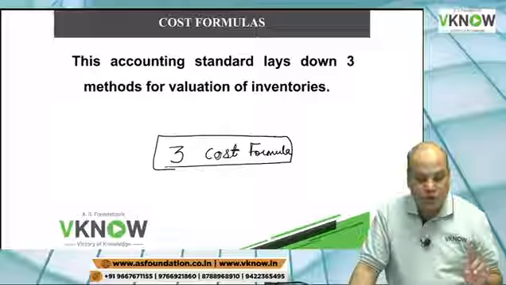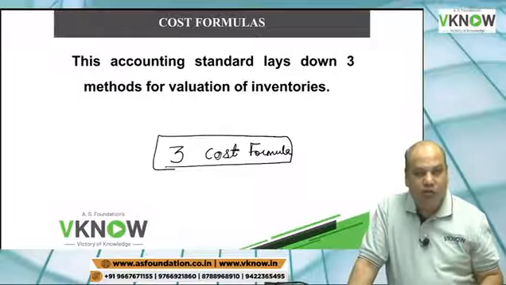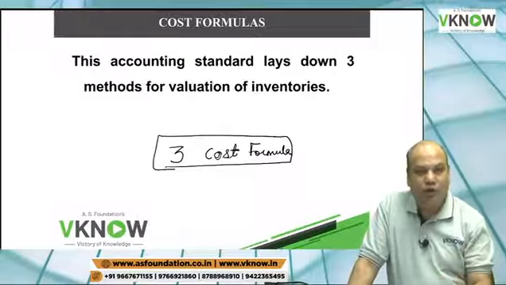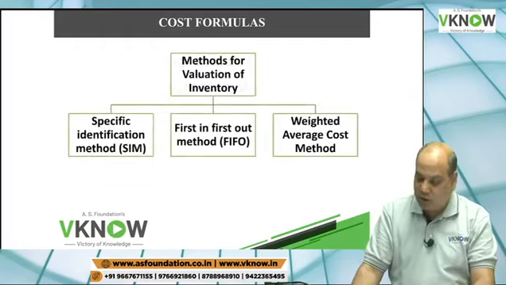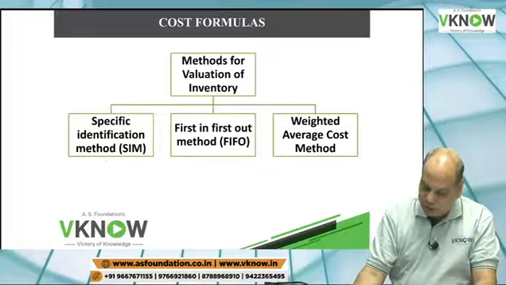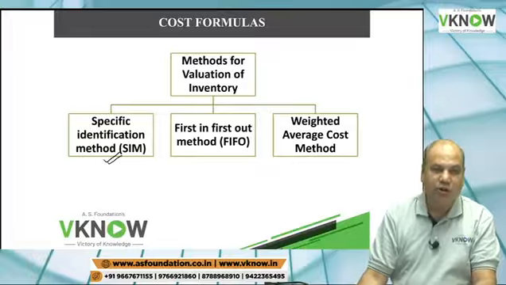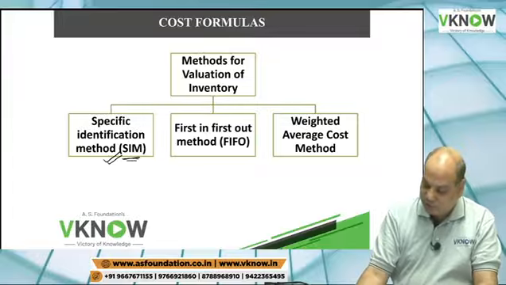So AS2 says cost can be calculated by using one of the following three formulae. And these formulae are: one is called specific identification method, which I am going to write as SIM.